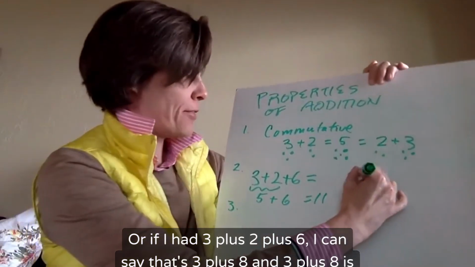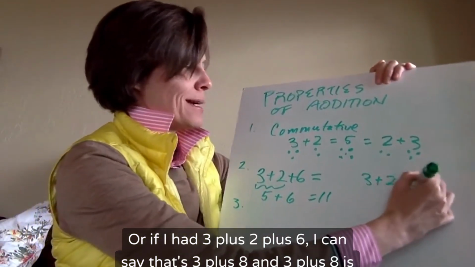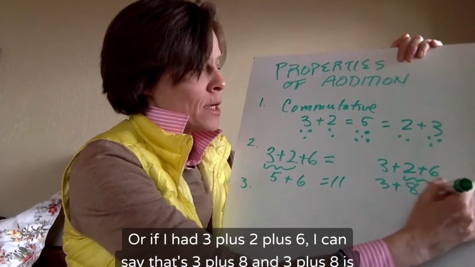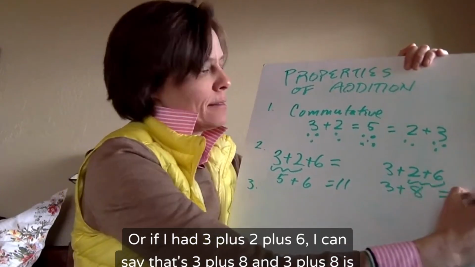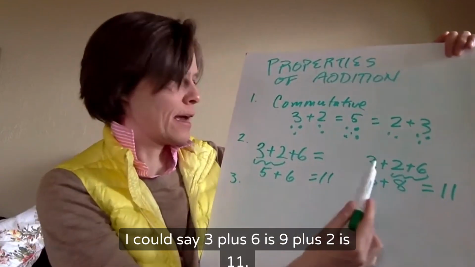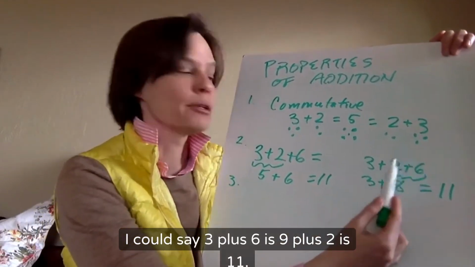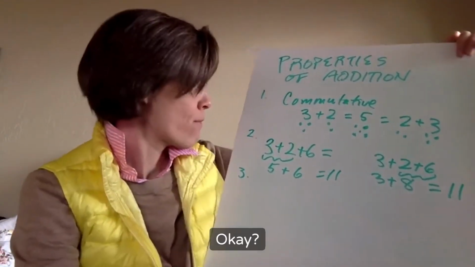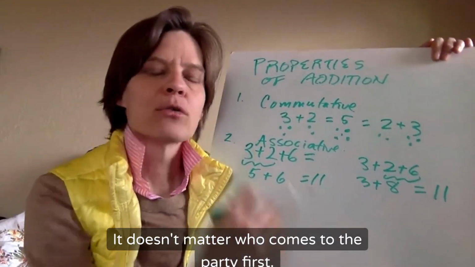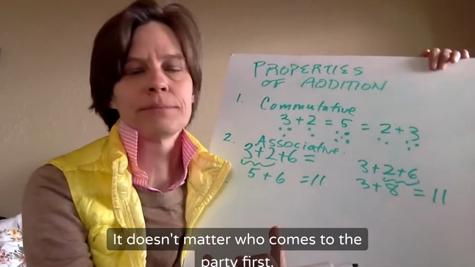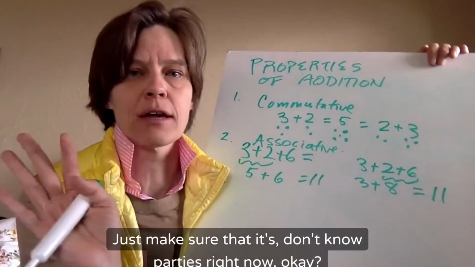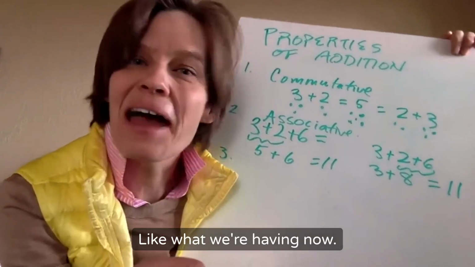Or I can say that's 3 plus 8, and 3 plus 8 is 11. I could do it the other way. I could say 3 plus 6 is 9, plus 2 is 11. So that is the associative. It doesn't matter who comes to the party first. Just make sure there are no parties right now. Virtual parties, like what we're having now.